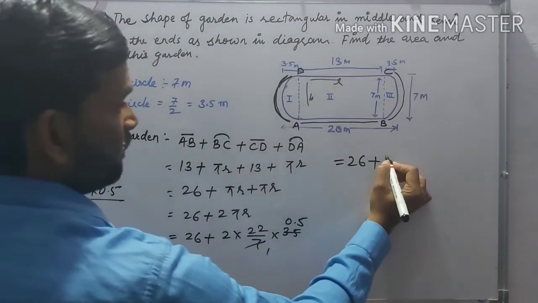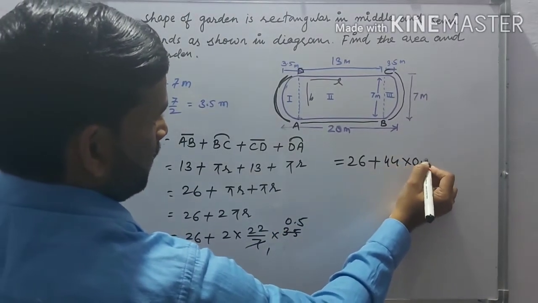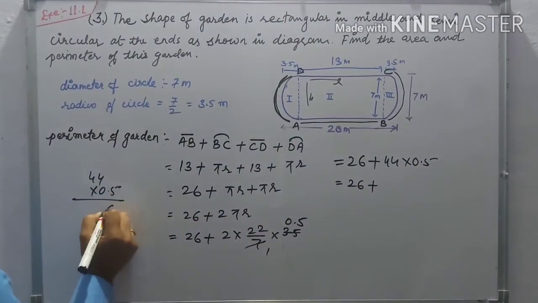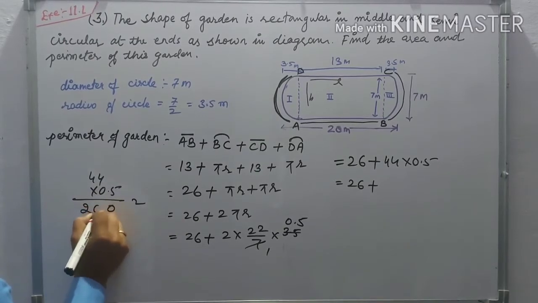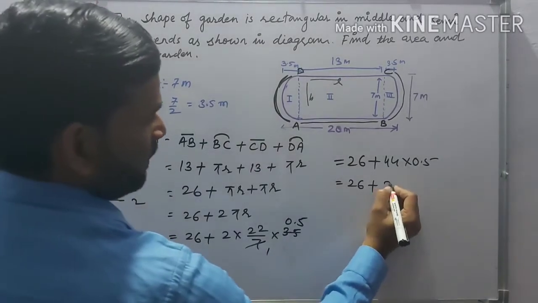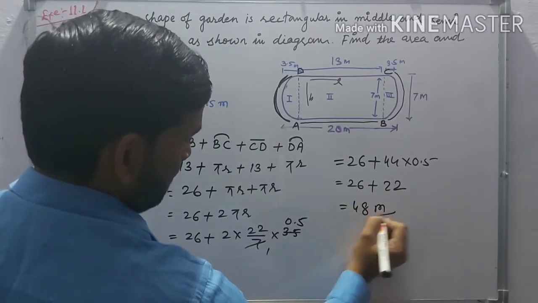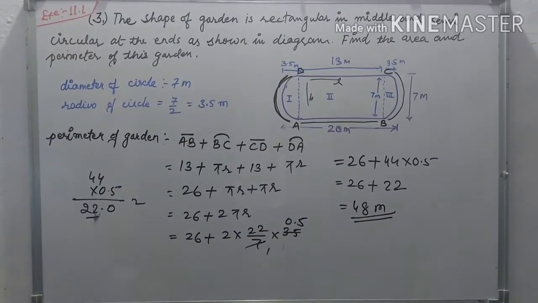So 44 into 0.5 is 22, and 26 plus 22 is 48 meter. The perimeter unit is only 1 unit.